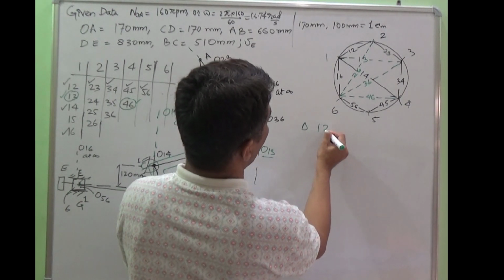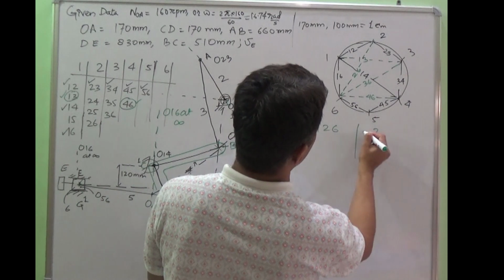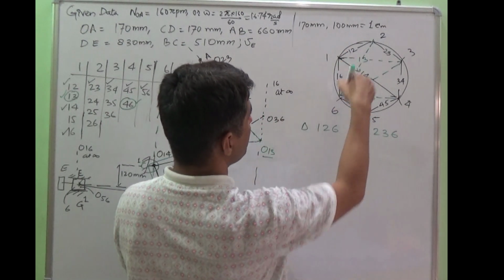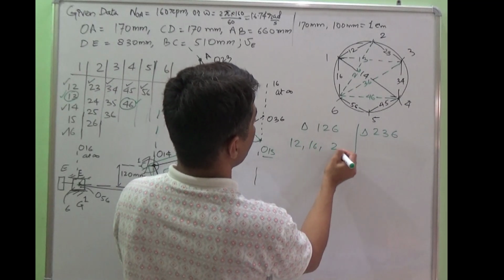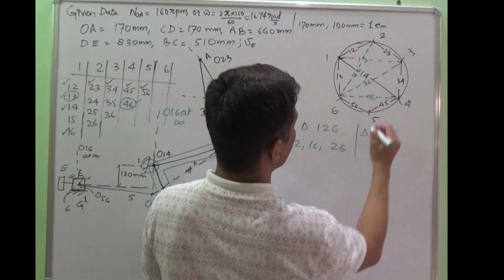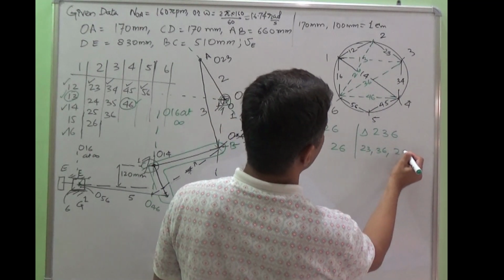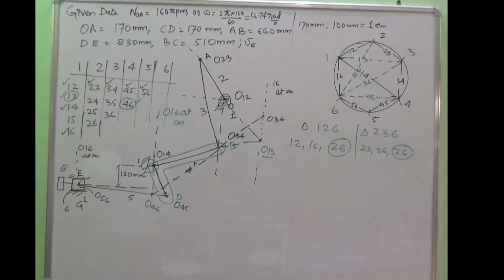One is 1, 2, 6 and the other triangle is 2, 3, 6. Look at 1, 2, 6: 1, 2, 1, 6 and 2, 6. And if you look at 2, 3, 6: 2, 3, 3, 6 and 2, 6. Therefore 2, 6 is common here.